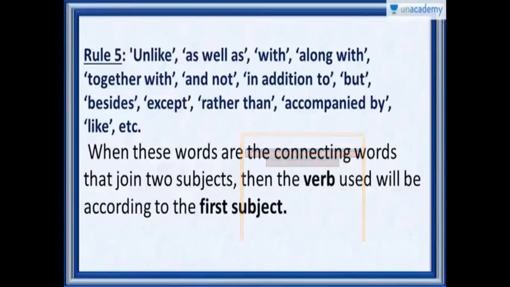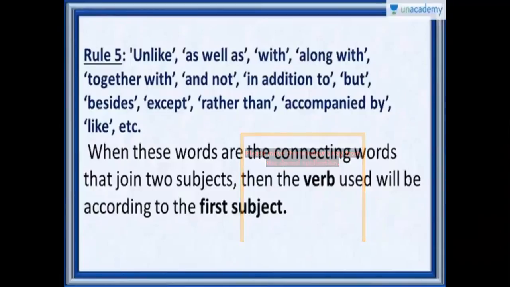I'm repeating the rule, then I come up with examples. Some 10 to 15 words are given here. If any one of these words is given in the sentence, having two subjects along with it, your verb agrees with the first subject. If the first subject in the sentence is singular, then the verb is singular. If the first subject is plural, then the verb is plural.